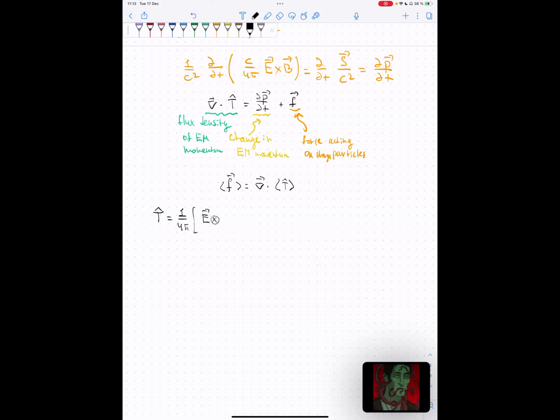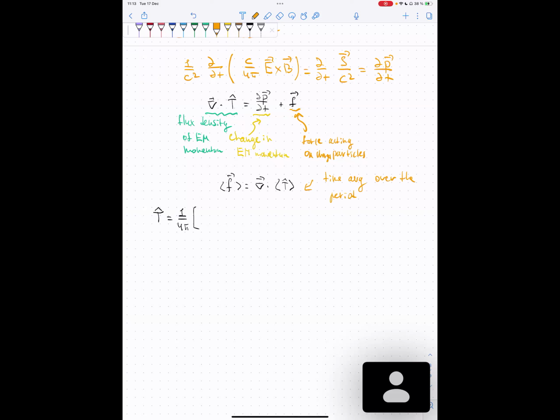Yes. I mean the average F equals the divergence of T, so when you drop the average of dp dt, you mean that it is monochromatic, yes? Yes.